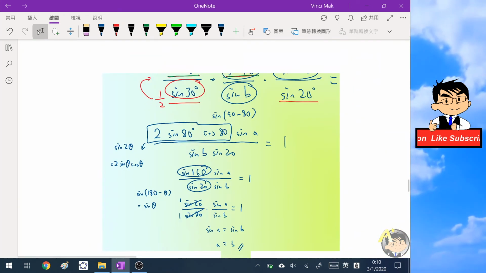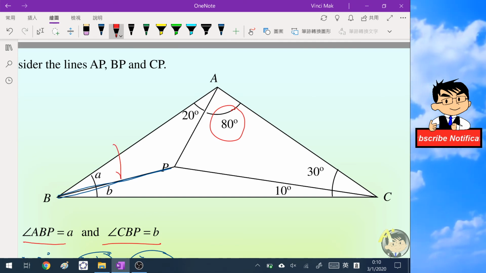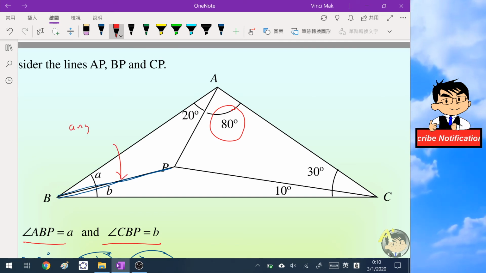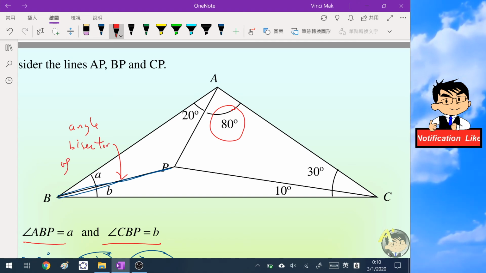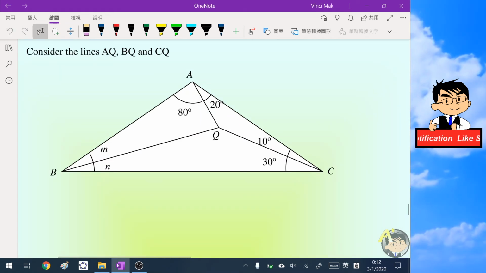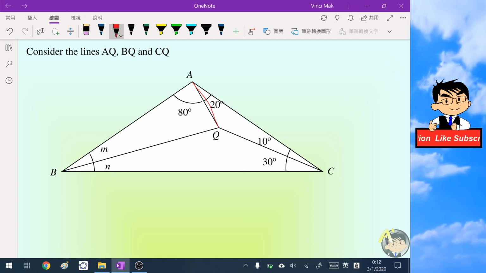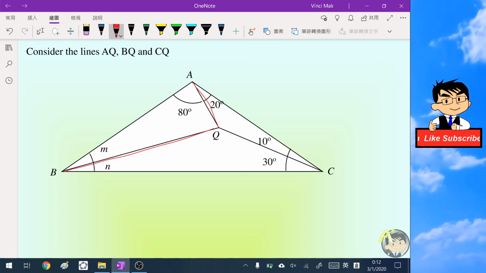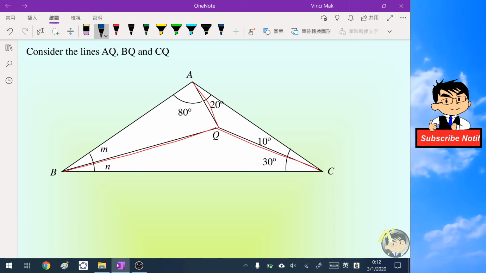So we know that the line BP is the angle bisector of angle ABC. Next I focus on the other lines, which contain AQ, BQ, and CQ, and we will apply the Ceva theorem again.